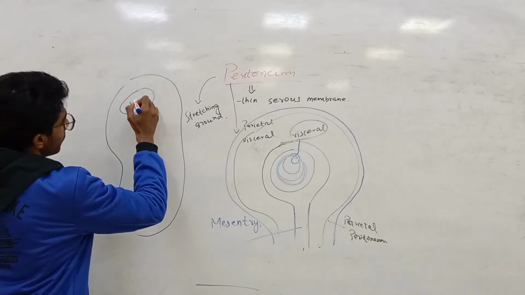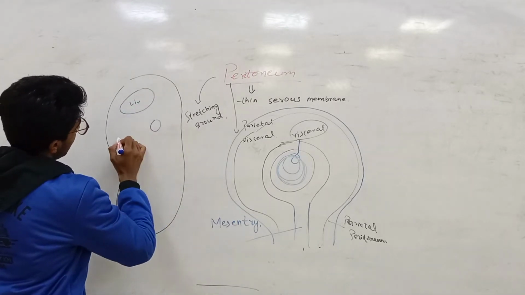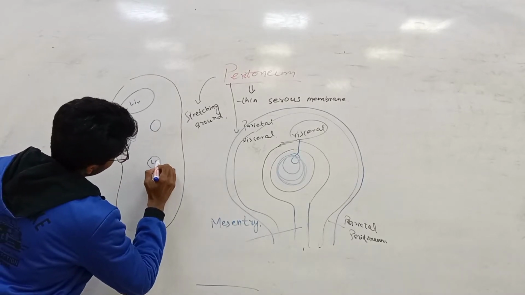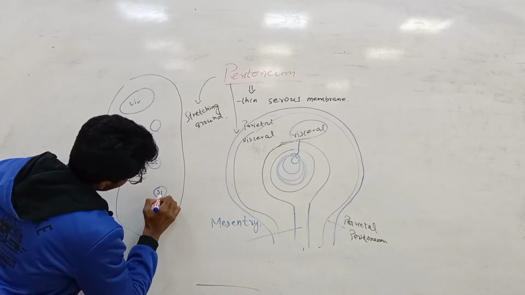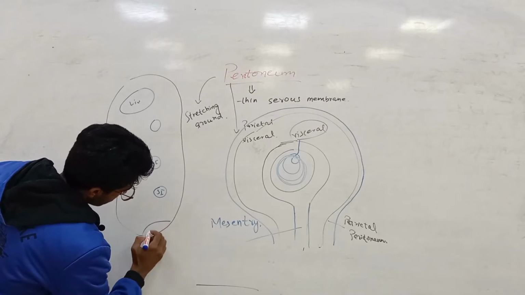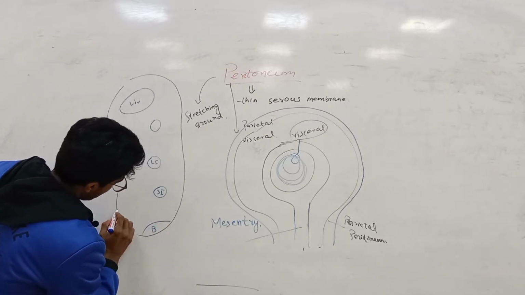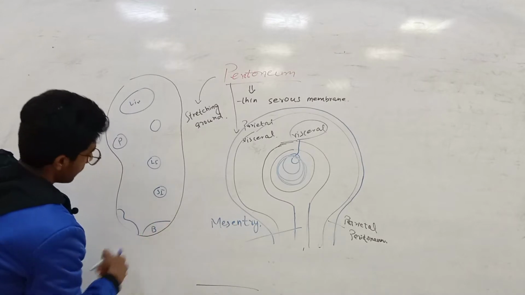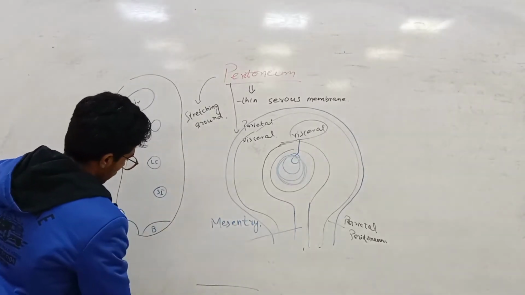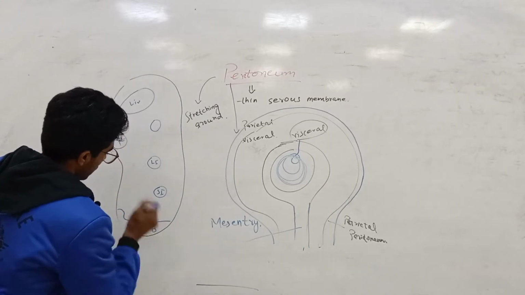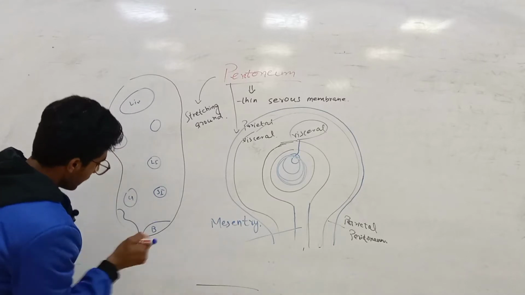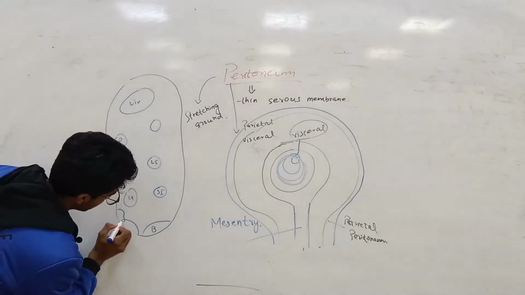In the peritoneal sac, there are different organs. One is liver, other is stomach, other is pancreas, large intestine, small intestine, and bladder, uterus, and different kinds. Okay, here there is a uterus, and this region we say is the rectum.